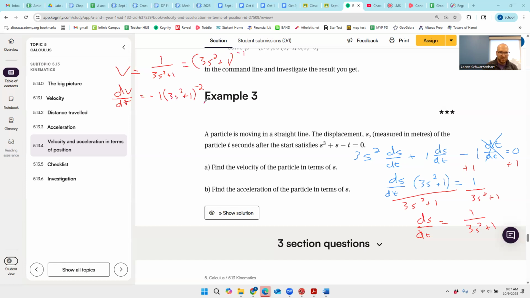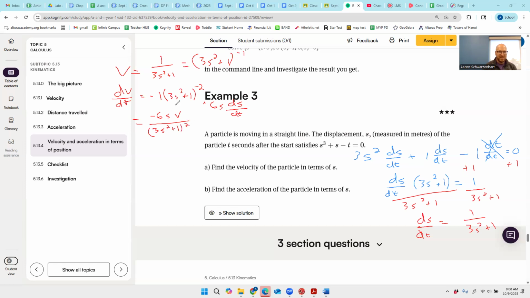Now I got to do the chain rule part. 6s ds/dt, which is v. So this comes out to be negative 6s times v over 3s squared plus 1 to the negative 2.